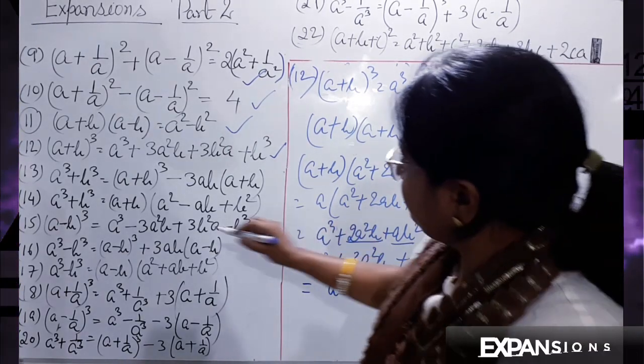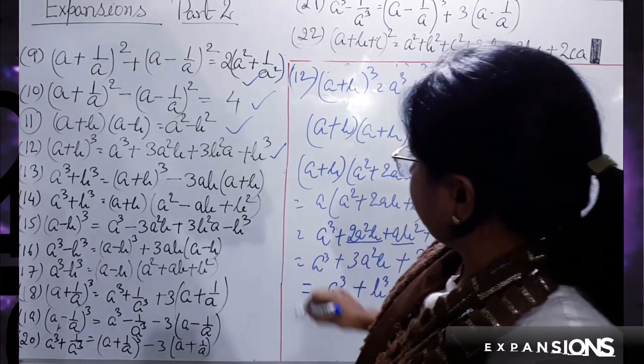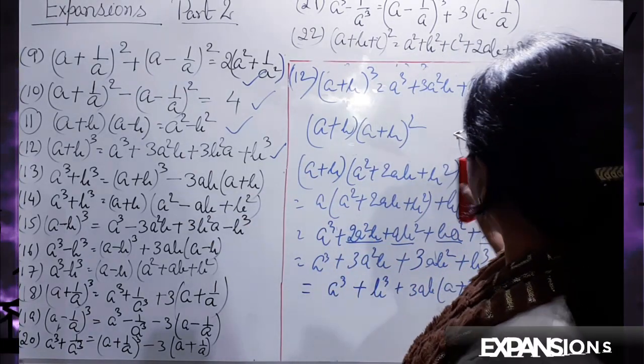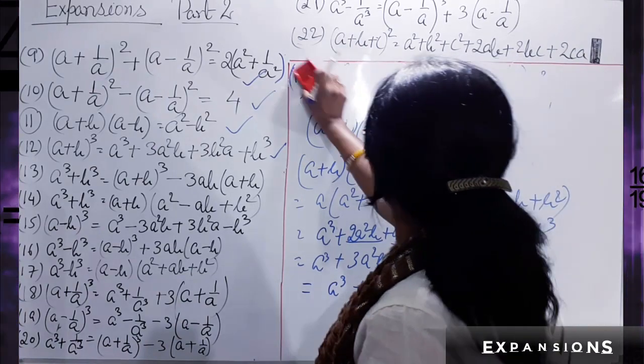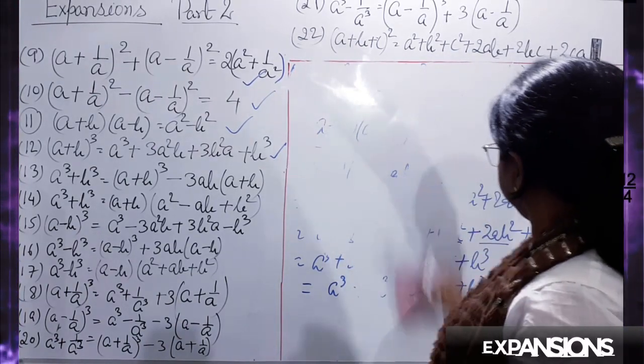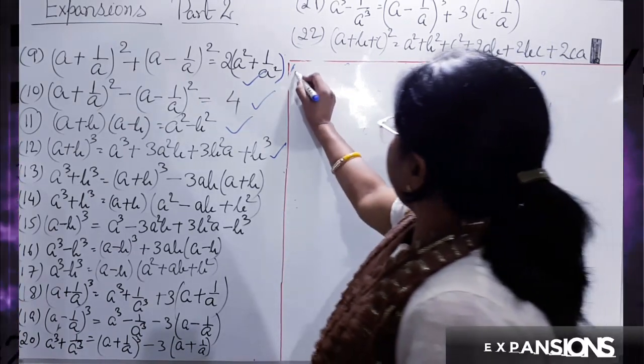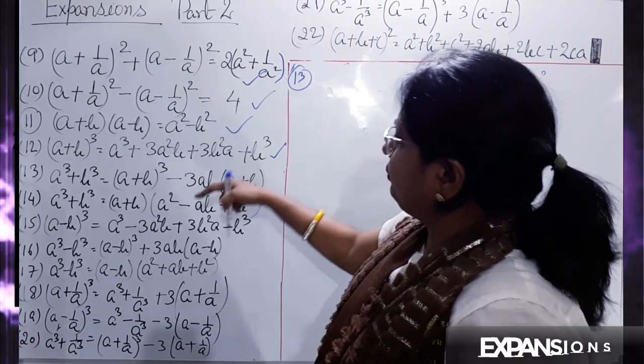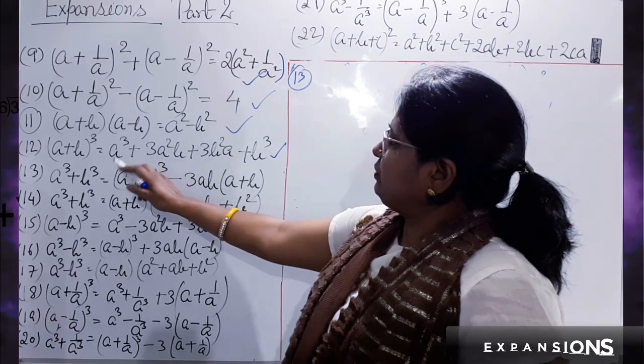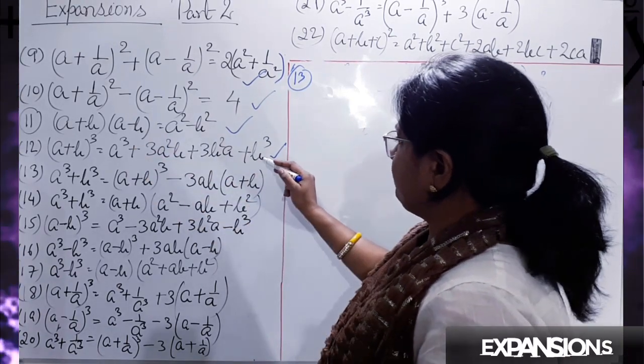Now 12 number is over, and 13 number. 13 is written from 12 only. (a + b) whole cube is equal to this much.